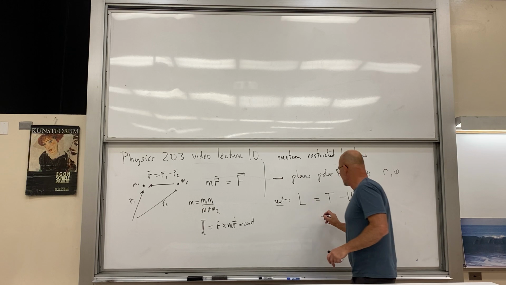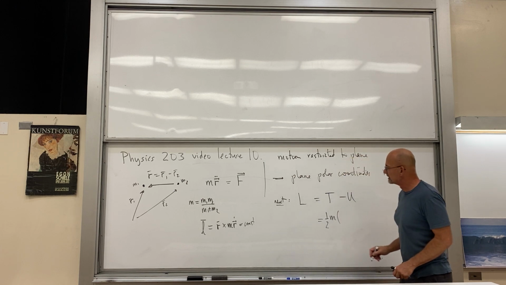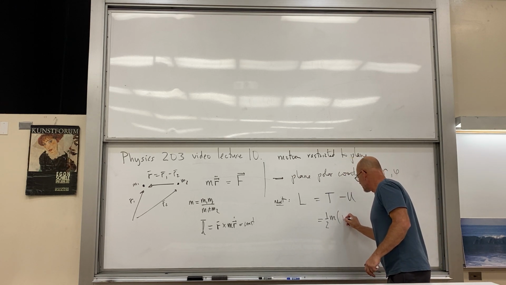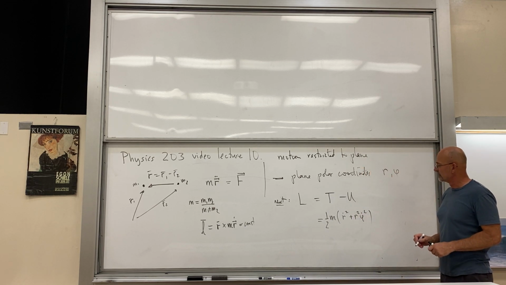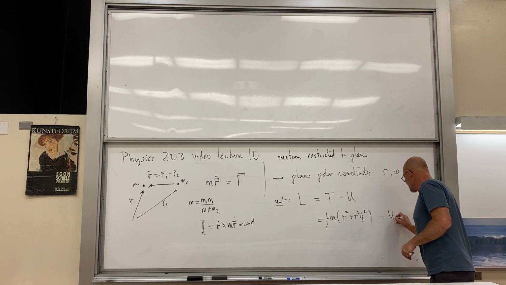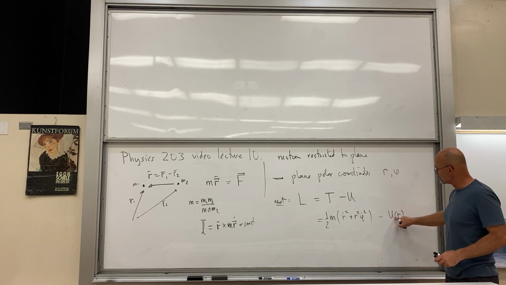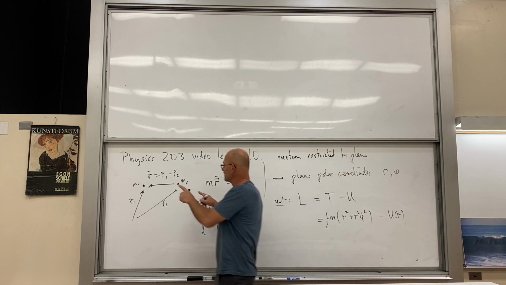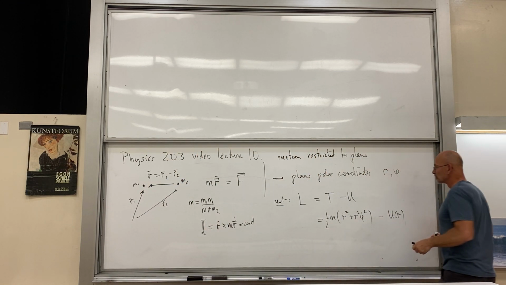And this will be 1/2 m times r dot squared plus r squared phi dot squared, the polar coordinates kinetic energy. And for the potential energy, we're just saying it is a function of this r, which is the separation distance in our original problem.